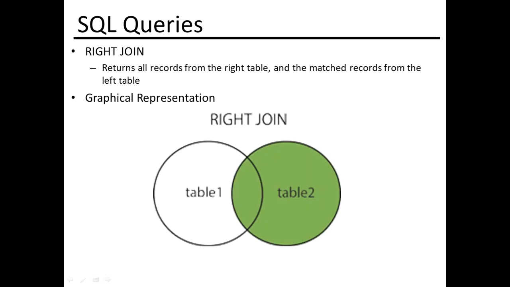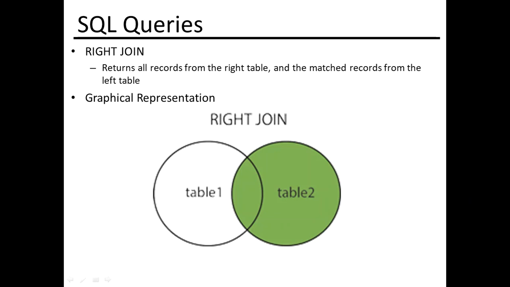From this graphical representation of right join, we can see table 1 and table 2. Table 2 is completely colored green, but table 1 is partially colored green, and the remaining part of table 1 is colored white.